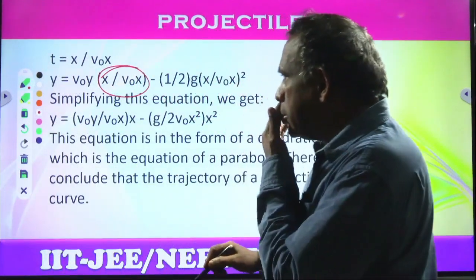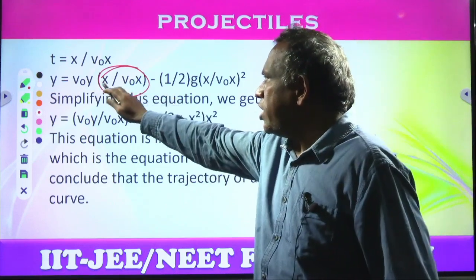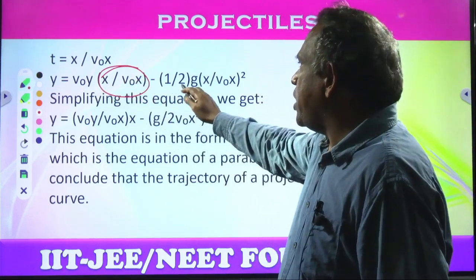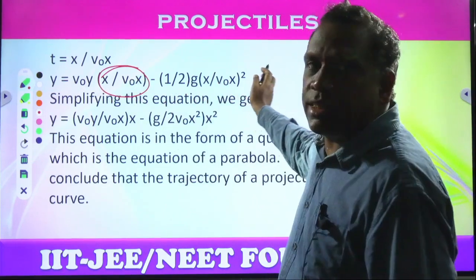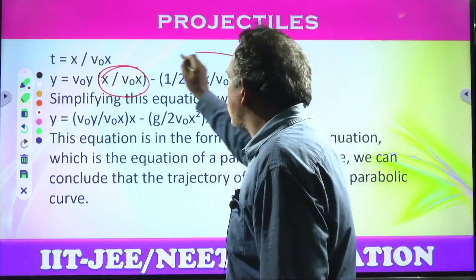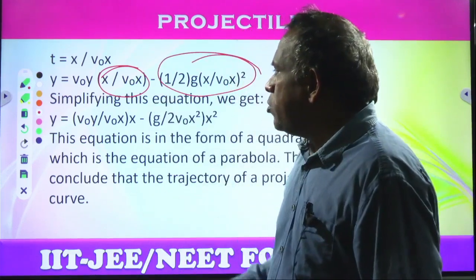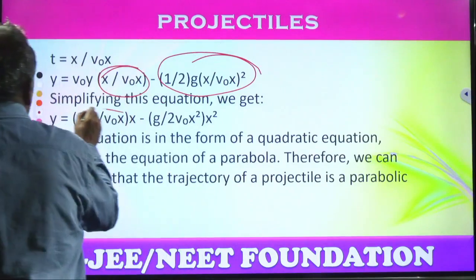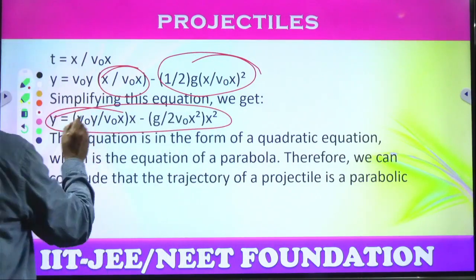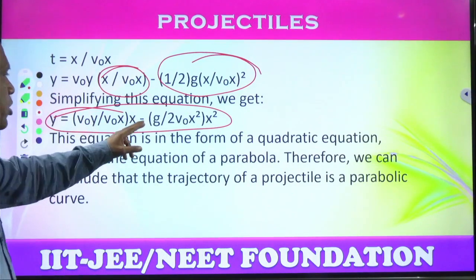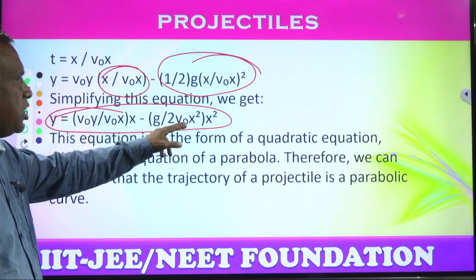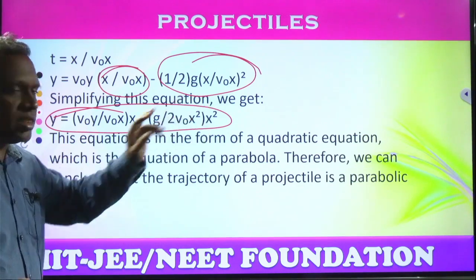When you substitute that, v naught y into x by v naught x minus half g into x by v naught x whole square will come. Now if you observe this equation, y equal to v naught y by v naught x into x minus half g x square by v naught x square.